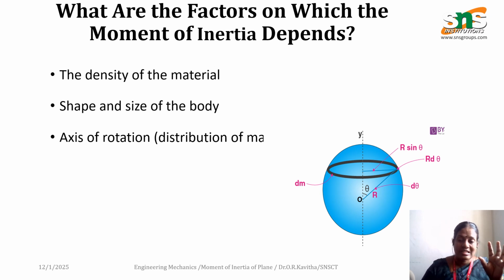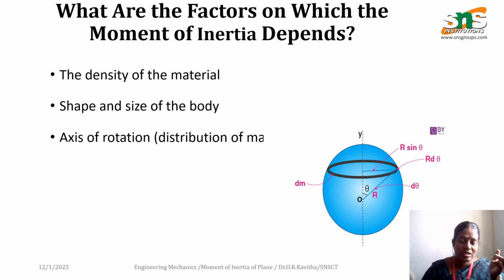If the density is different, we have to consider the density in the calculation. If the density is the same, we take only the volume.